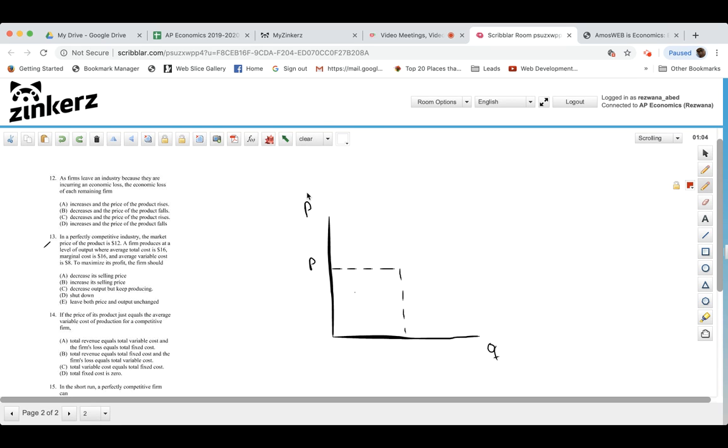How are you doing that without drawing marginal cost? I'm not drawing the marginal cost. But that's the thing, now I don't know where to put the price.